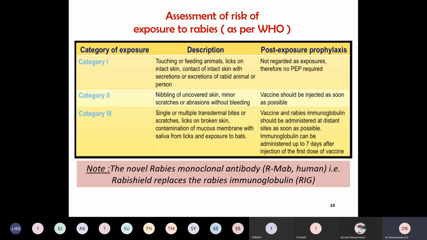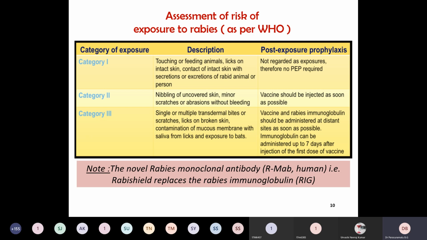Now, before the management of the animal bite, we should assess the risk of exposure to rabies, and this can be discussed under three headings as per the WHO. One is the category of exposure and the description in each category, and also what post-exposure prophylaxis we should administer.